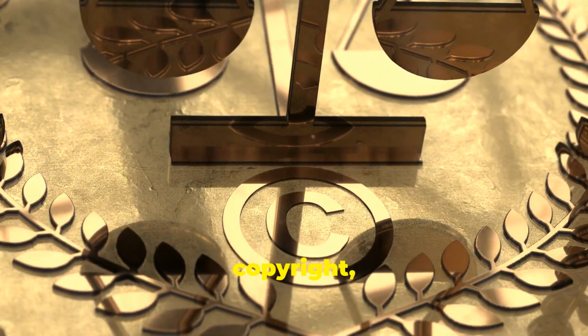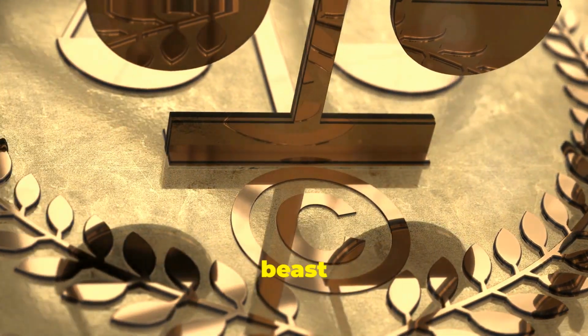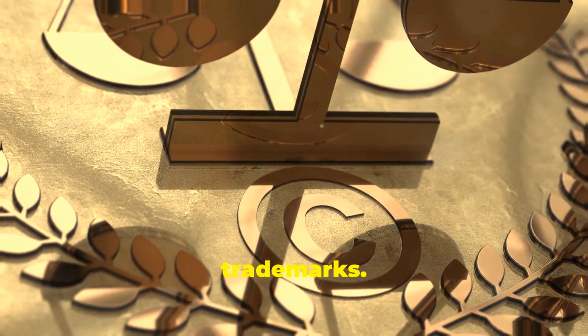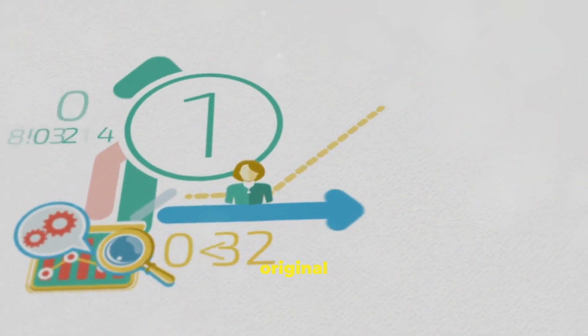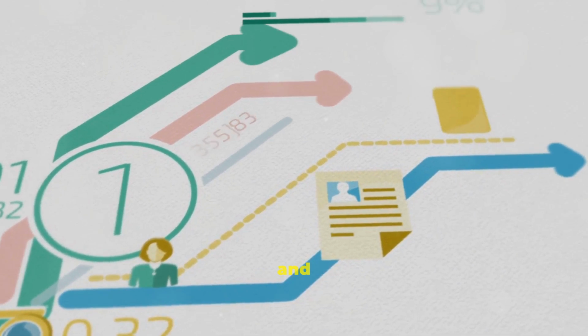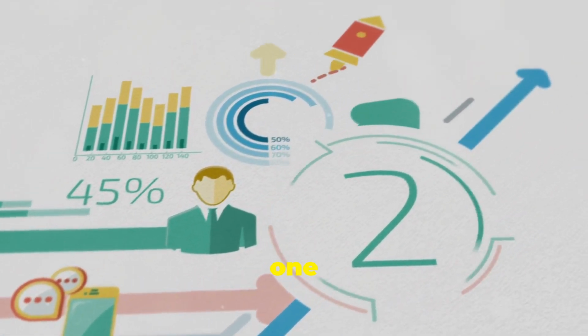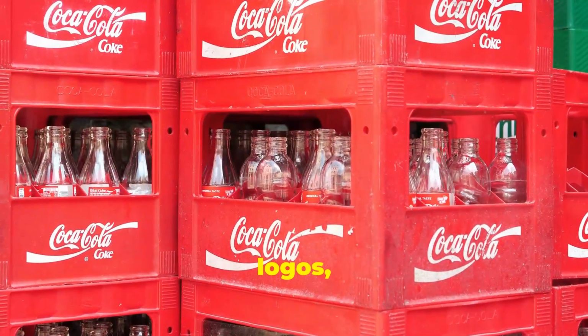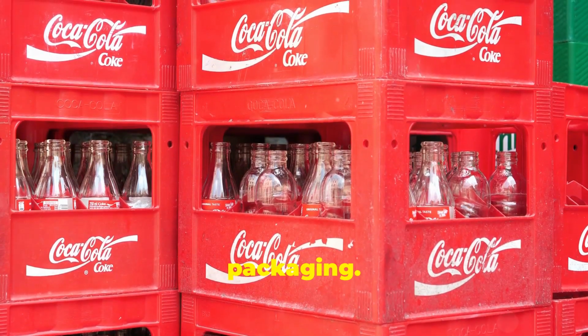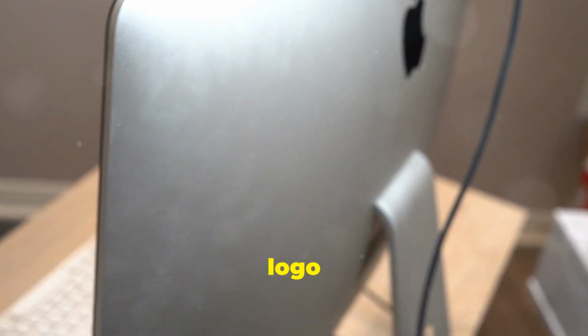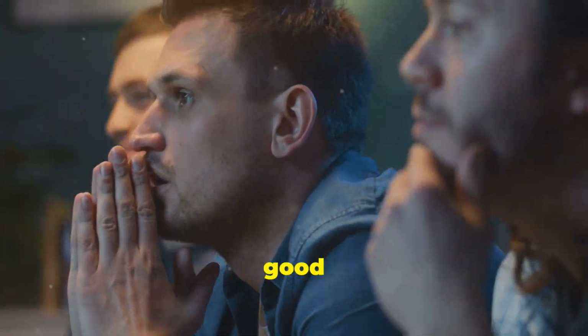Alright, we've talked a lot about copyright, but there's another intellectual property right to consider: trademarks. While copyright protects original works like music and videos, trademarks protect the branding elements that distinguish one company or product from another. Think logos, slogans, even distinctive packaging. Imagine using the Apple logo in your video without permission. Not a good idea, right?